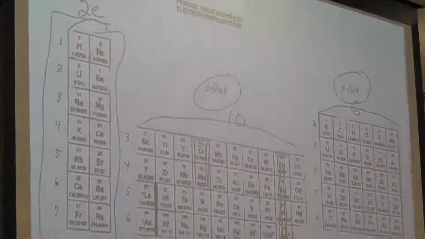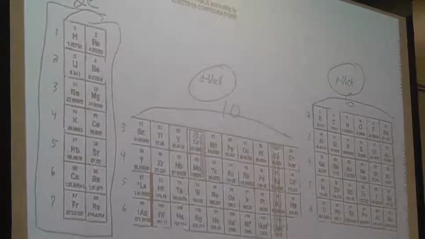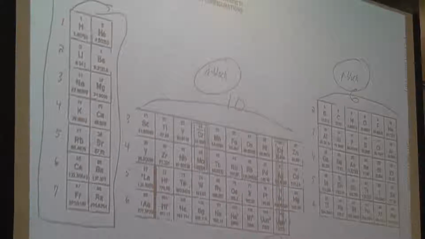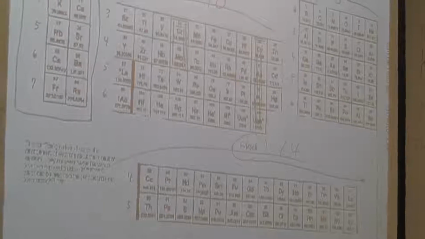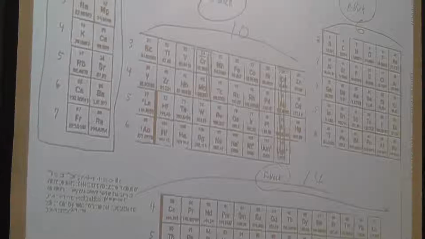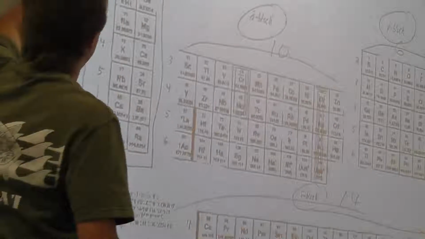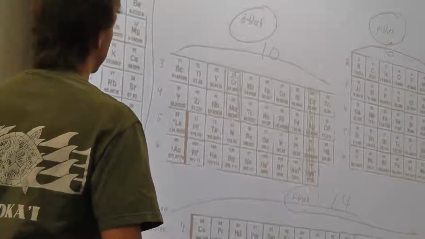So when you're reading configurations off the periodic table, as far as level, sublevel, and the number of electrons present, the horizontal row that it's on tells you the energy level. So this is energy level 1, 2, 3, 4, 5, etc. Energy level is determined by the horizontal row.